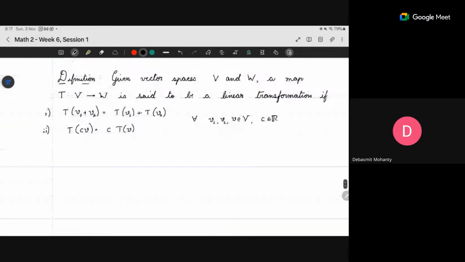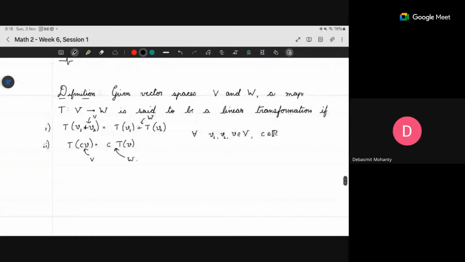So this is a formal definition, but what exactly is happening? So one thing to note is this plus is in V and this plus is in W. We use the same plus, but very strictly speaking, this is the plus of V and that's the plus of W. Similarly, this is the scalar multiplication in V and this is the scalar multiplication in W. So if you're using some non-standard additions or scalar multiplication, you should be careful about that.